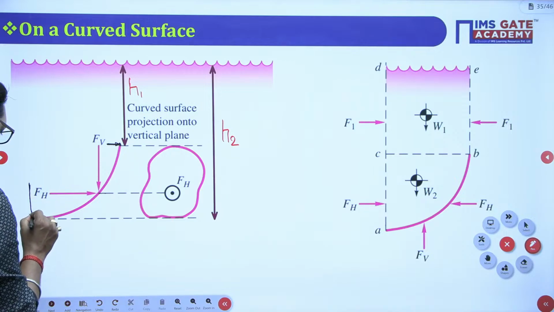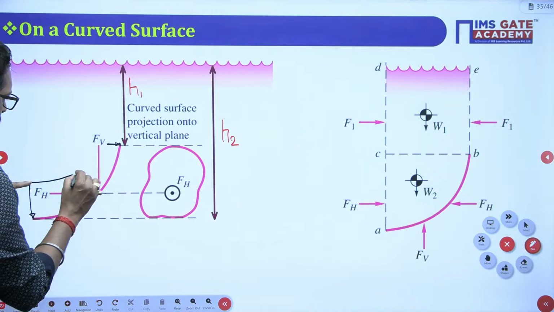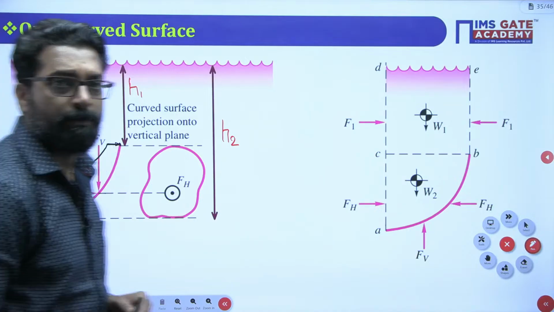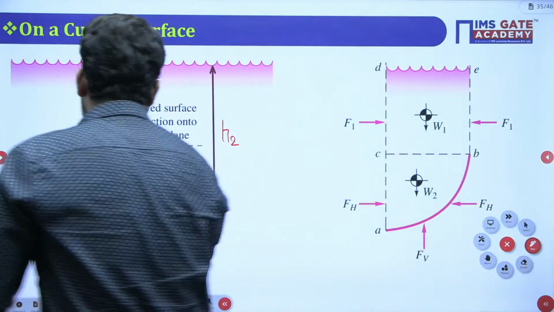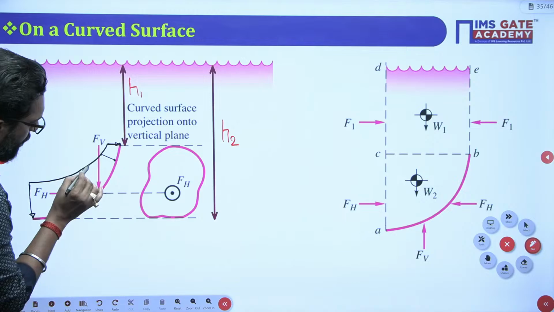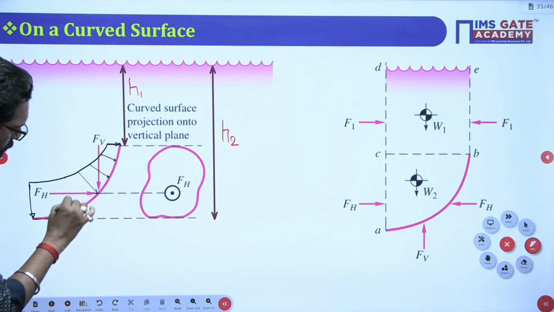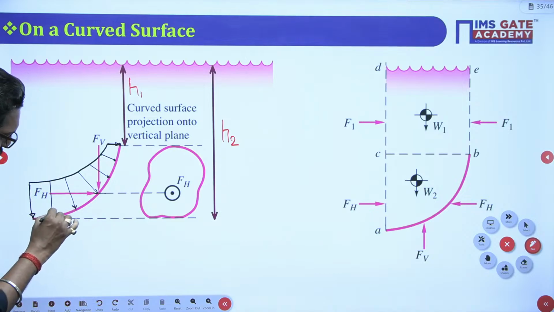Okay. Now my dear, if you join, this is your pressure variation, yes or not? That means at each and every point, perpendicular to that surface, the pressure will vary.